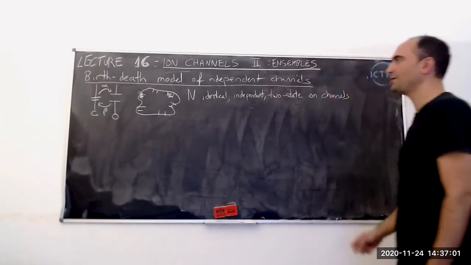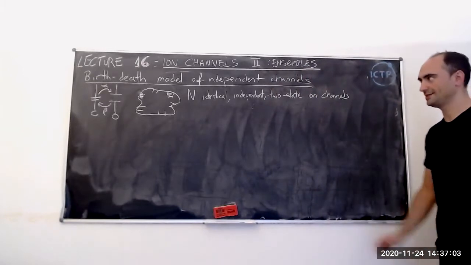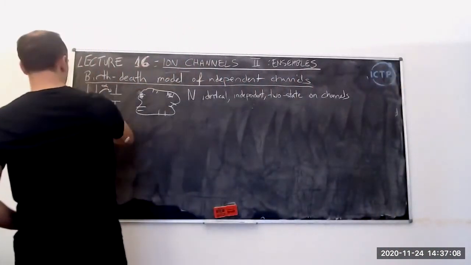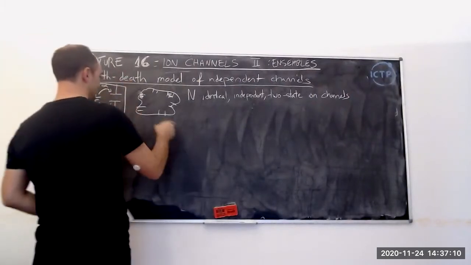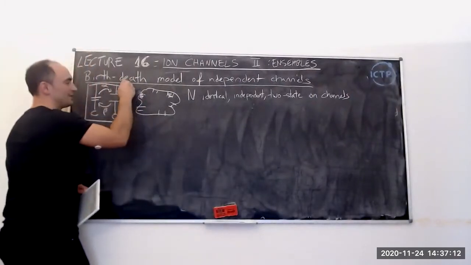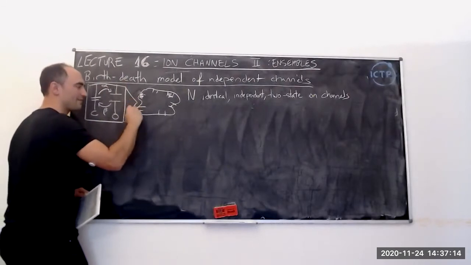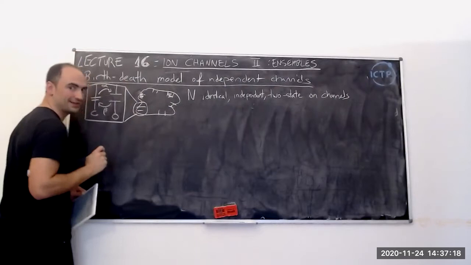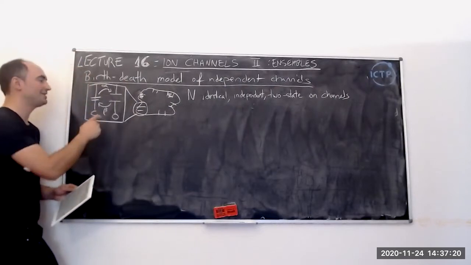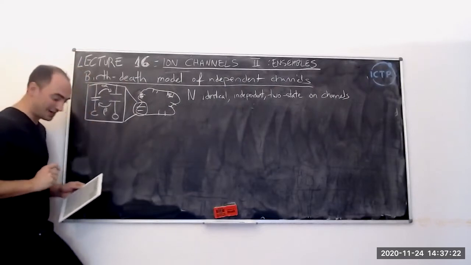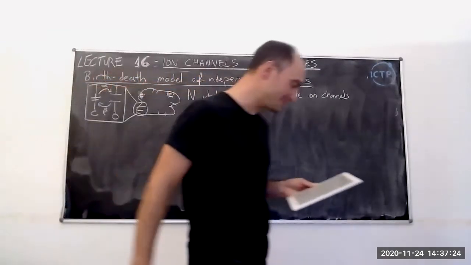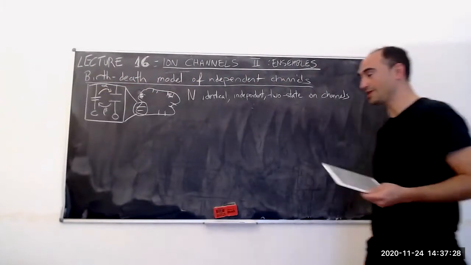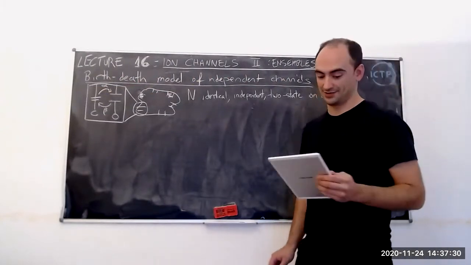What do I mean by this? I mean that the cell has n of these models. So every gate that I put here is one of these, okay? All of them has a rate alpha to be open and a rate beta to be closed. And all of them are independent. So this is the perfect model to be discussed with master equations, right?